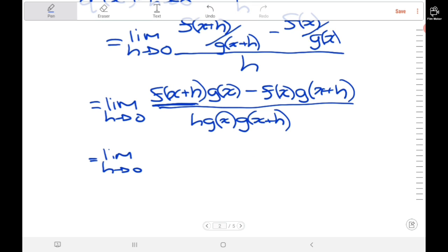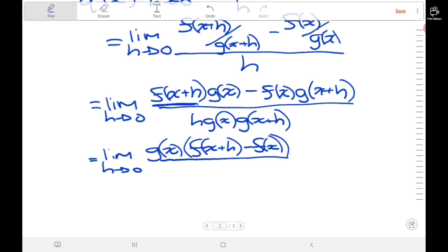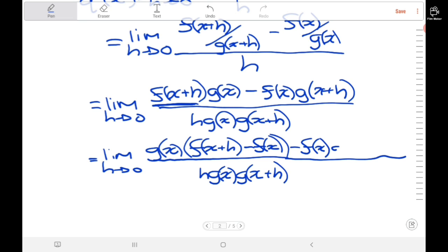So we can do that. We have g of x, and it's multiplied by f of x plus h. And if we have the first derivative, we would expect this to have minus f of x. Now we still are subtracting f of x times g of x plus h, and we created a new term.